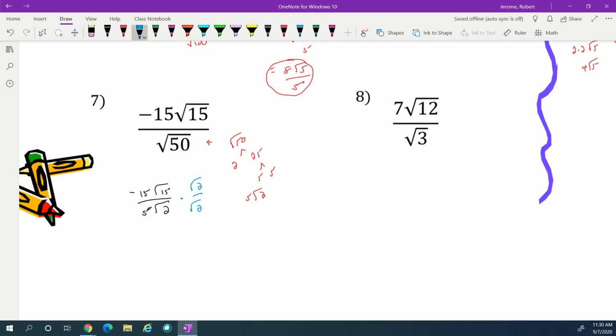And again, we can do things almost in any order. So I'm going to decide radicals are not allowed in the bottom. I'm going to fix that. So now I have negative 15 square root 30 over 5 times 2. So I have negative 15 square root 30 over 10.